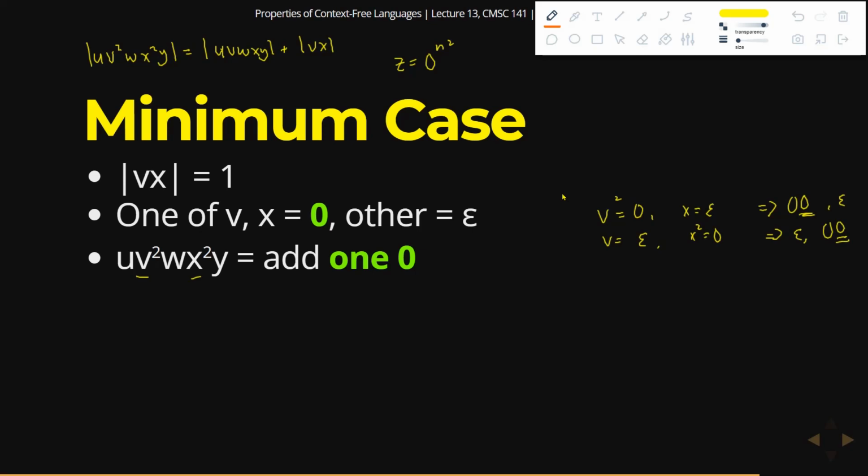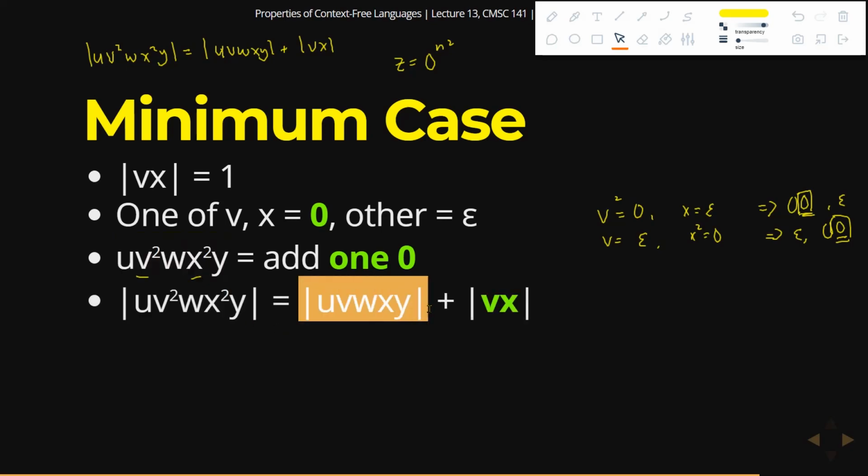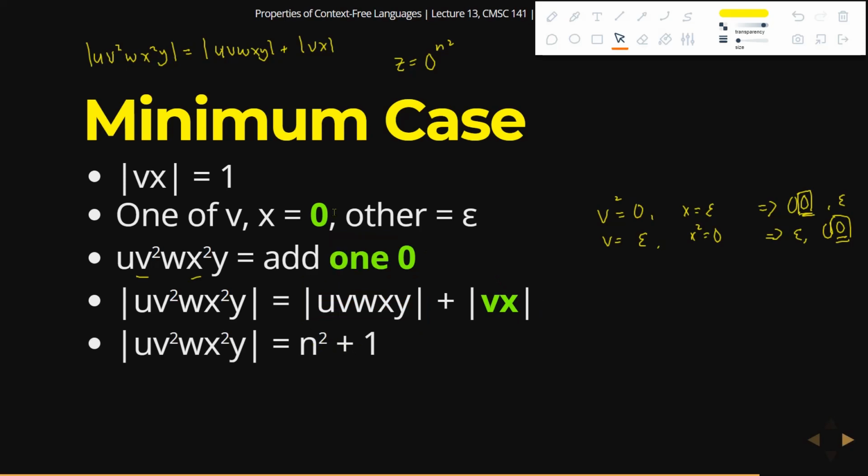So you added 1 more zero. So in both cases, you'd really just add 1 more zero to the string. Therefore the length of this pumped up string is just the original plus the length of vx, which is just 1. It was n squared, because the length of uvwxy is n squared, plus 1 because of the 1 zero that you added.